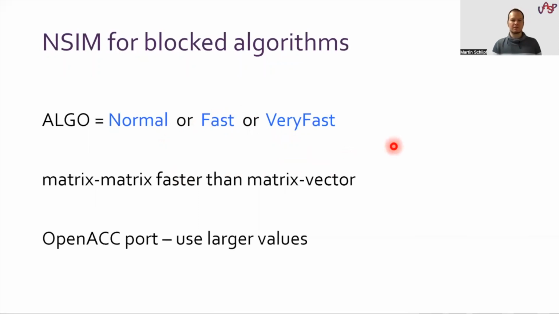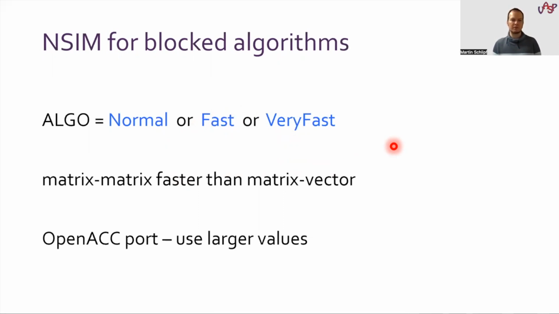And so the advantage of using NSIM means that instead of dealing with one band at a time, you deal with multiple bands at once. And this means that a lot of this application of something on a band becomes, instead of matrix-vector multiplication, a matrix multiplication.